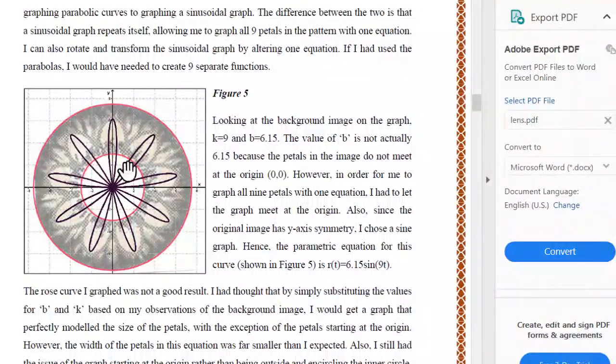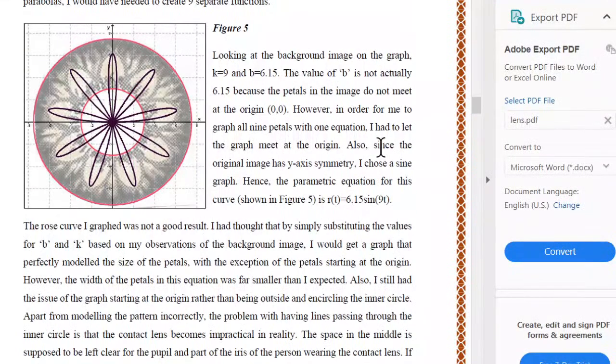Nice. Let's get them off at the center. Graph equals 6.15 some version. Okay. In order for me to graph all 9 petals, I have to let the graph meet at the origin.